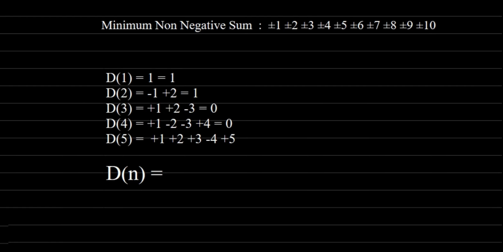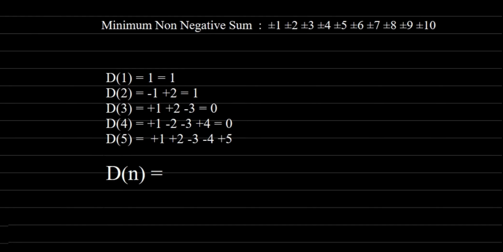So we can observe, even if I put a negative sign in front of an odd integer, the sum still goes down by an even integer. So the minimum sum here has to be an odd number, and hence it can't be 0.